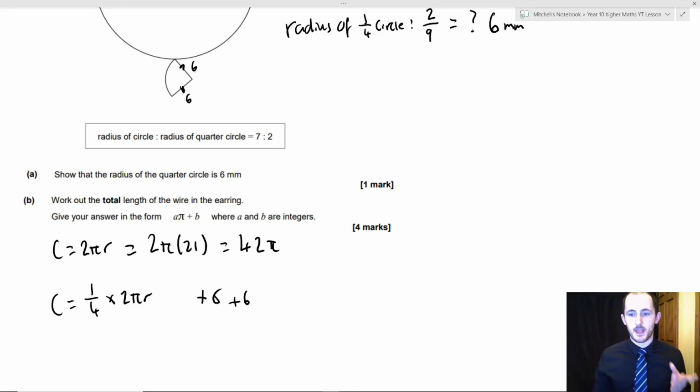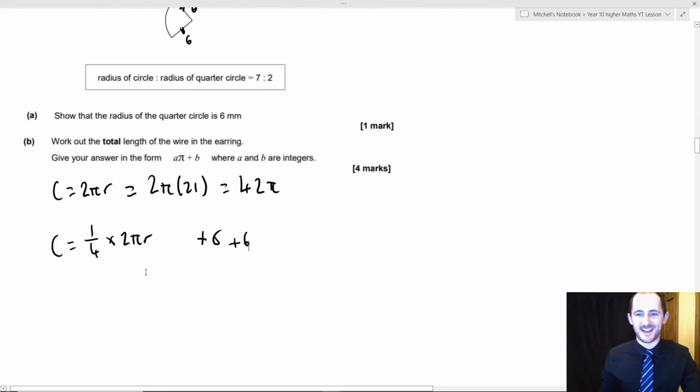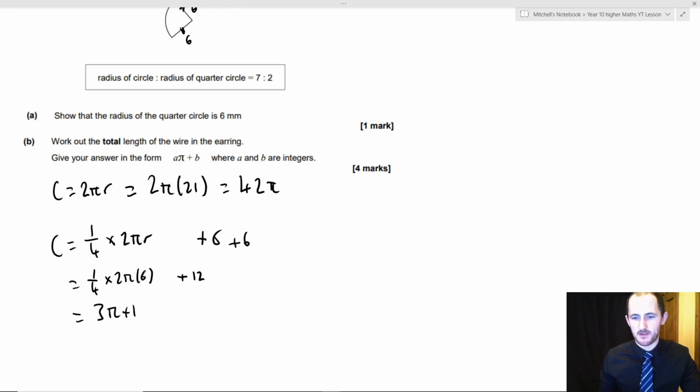Okay? So try not to make that mistake. So the radius here is going to be a quarter times 2 pi 6 and then plus 12 afterwards. So what I'm going to do here is 2 times 6 is 12 and a quarter of 12 is 3. Yes. So 3 pi plus 12.